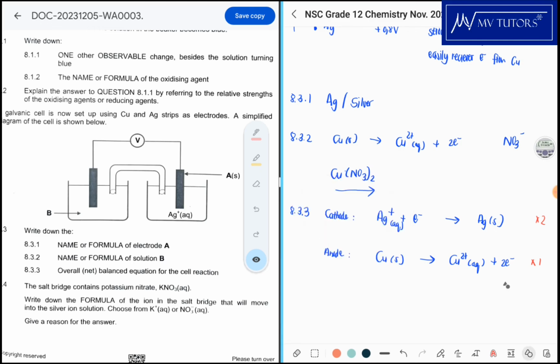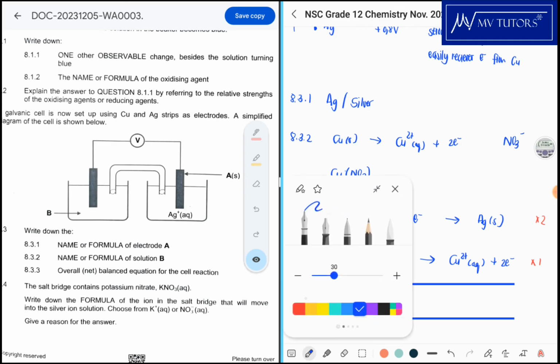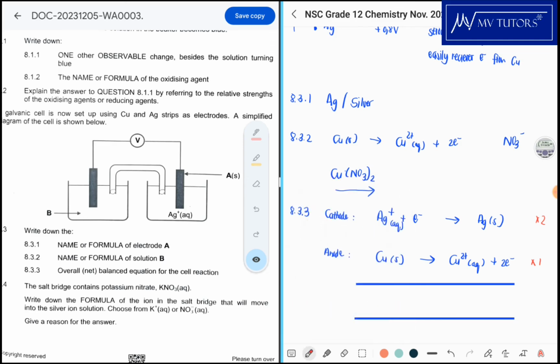balanced equation, so we're going to multiply this by 2. Just use a different colored pen. So we're going to multiply everything by 2 over here.